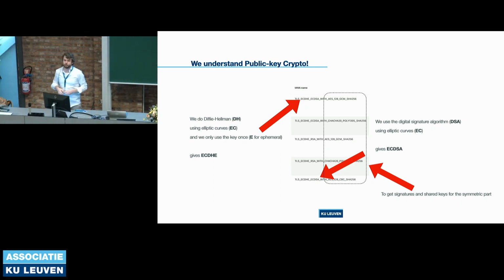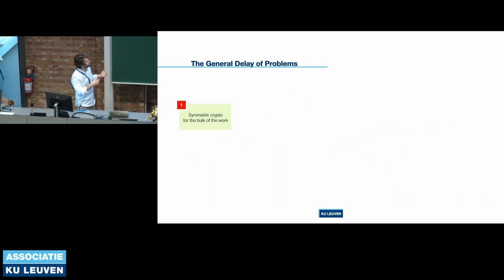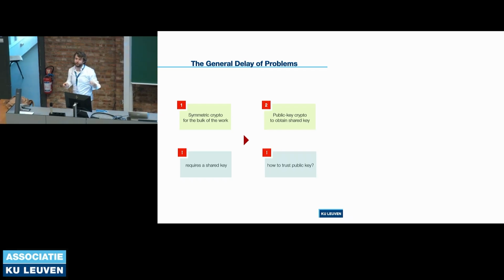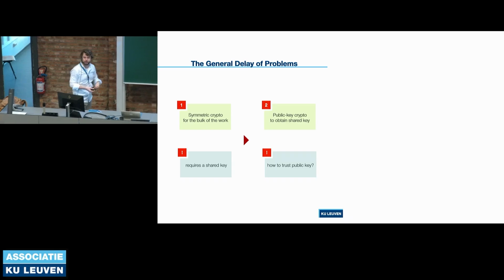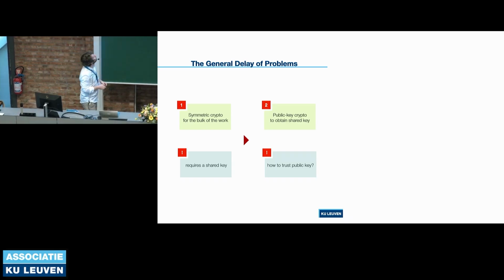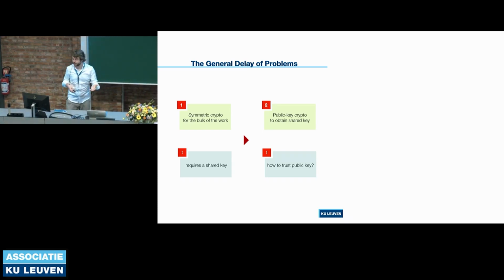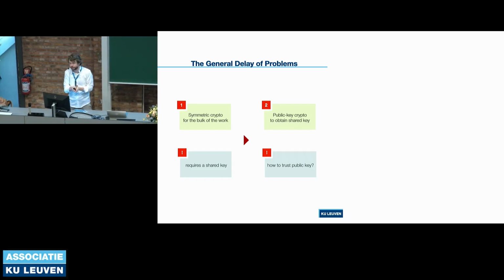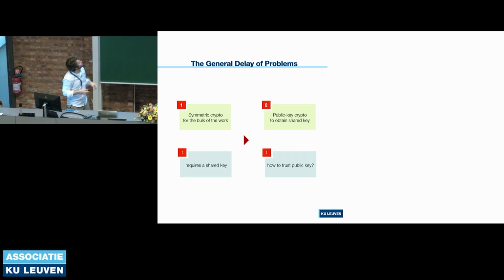Getting back to the original problem, we were doing symmetric crypto for the bulk of the work, but we required a shared key. Then I told you we use public key crypto to obtain that shared key, but we still had the problem of how we actually know that this is your public key. How do we authenticate all of that? This is sort of a general delay of problems. We took a big problem and made it into a small problem of a shared key. Now we still have this problem of a public key.